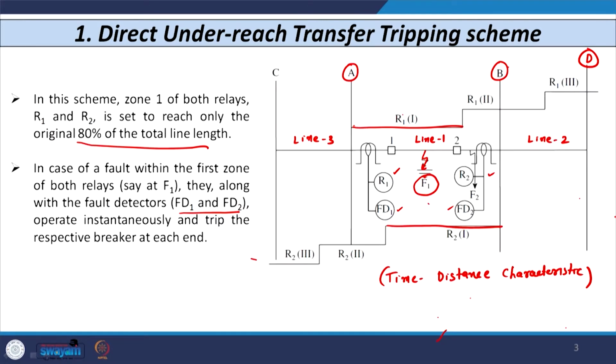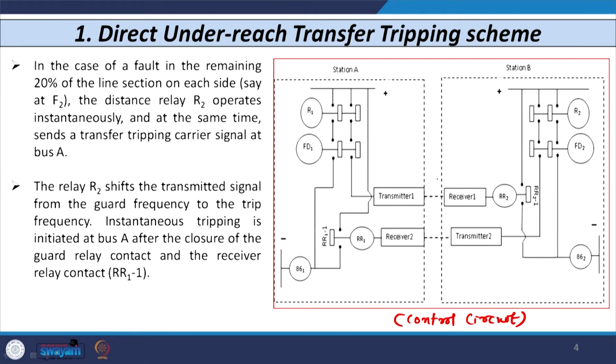So, if a fault occurs at F1, which is in the first zone of both the relays R1 and R2, then relay R1 operates. So, these 2 contacts close here. Similarly, fault detector 1 at bus 1 also operates because current exceeds the predetermined limit.